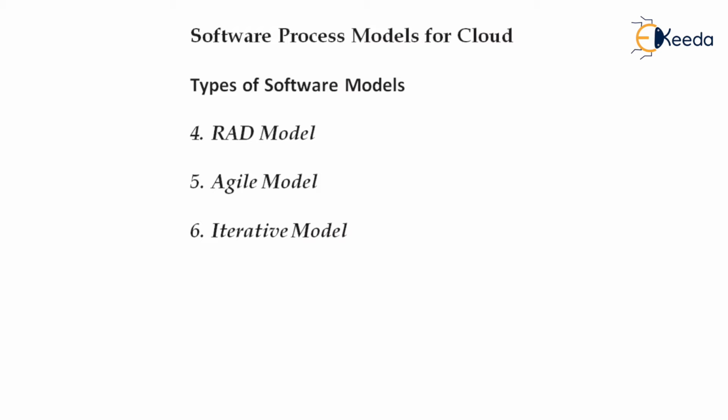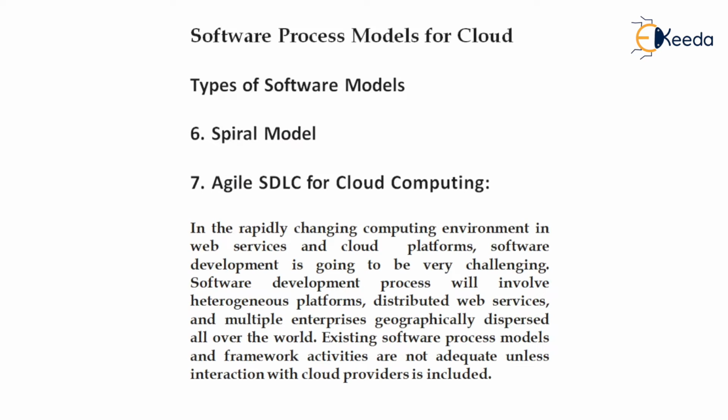With this, we have another model, like the spiral model. Let's talk about this spiral software process model for the cloud. The spiral model is similar to the incremental model with more emphasis on risk analysis. The spiral model has four phases.